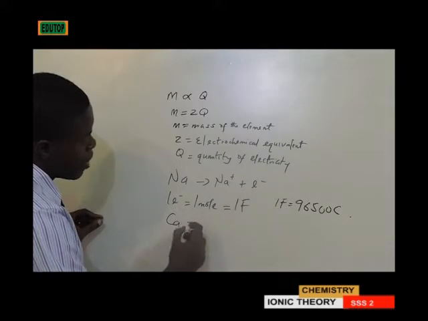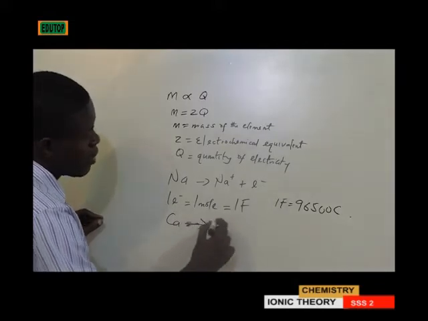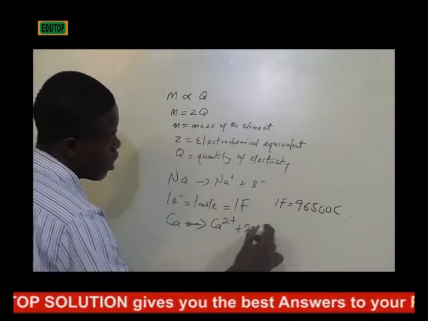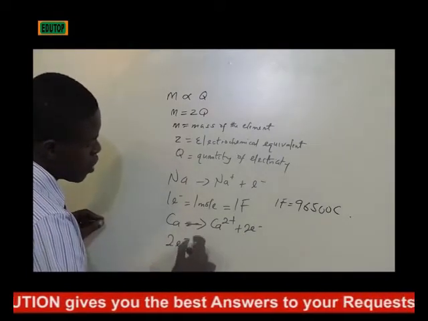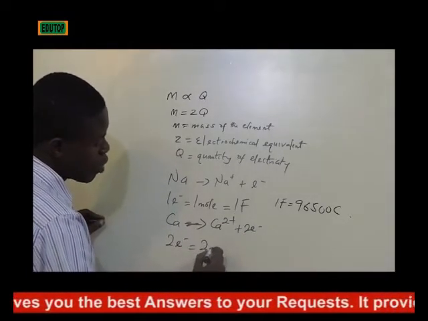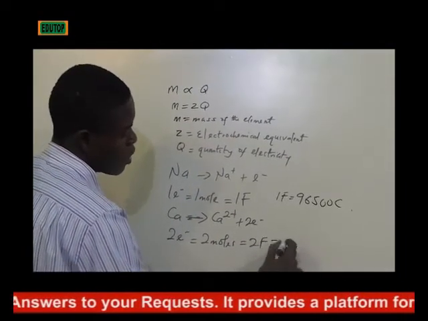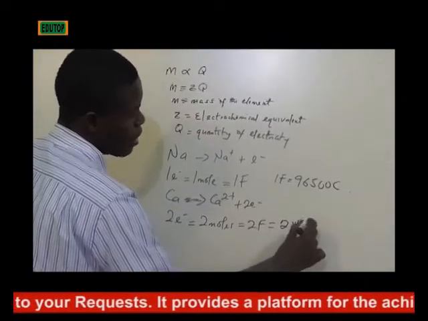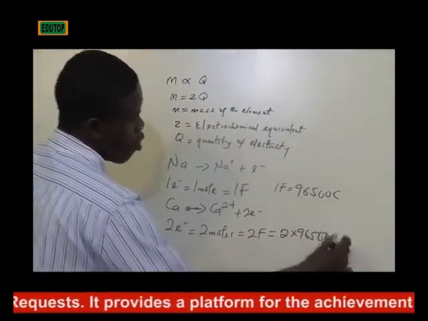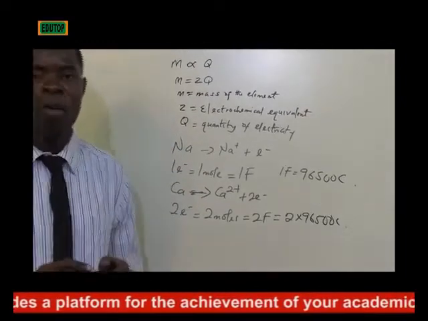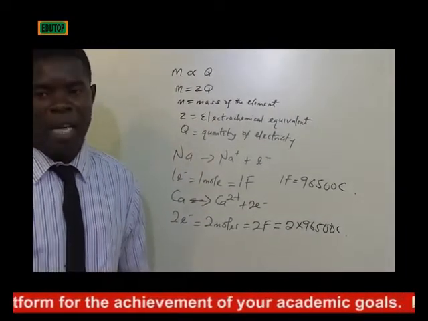For calcium that is losing 2 electrons, it will be 2 electrons, which is equivalent to 2 moles, which is equivalent to 2 Faraday, which is equal to 2 times 96500 coulombs. So this is all about the second law of Faraday.